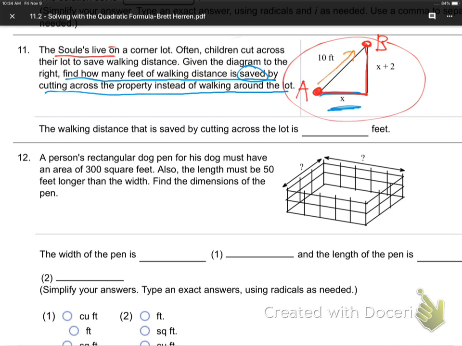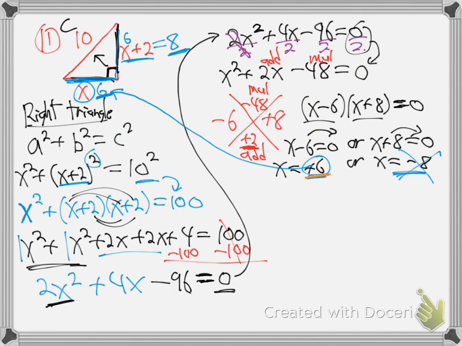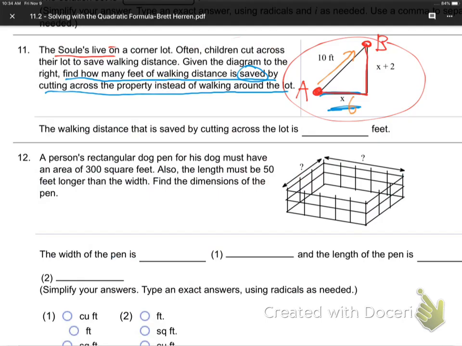Well, how far? Well, we learned that x is 6. So this is 6. This is 6 plus 2, 8. So if you go the long way, you're going to go 6 and 8, aren't you? So the long way is 6 plus 8, 14. What's the short way? 10, directly.